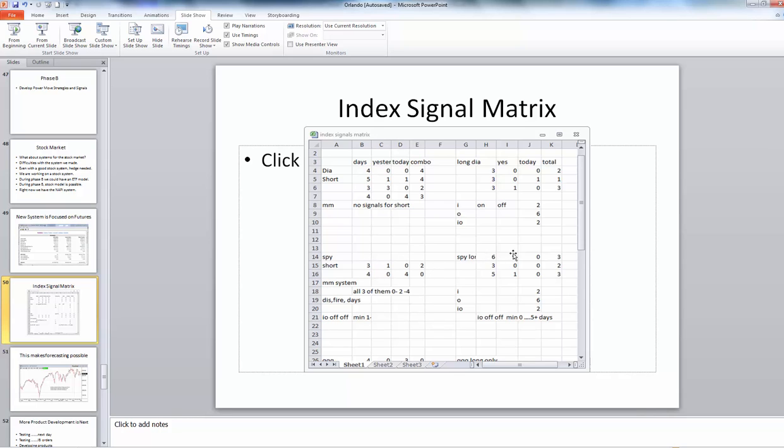And so on the long side, for example, if today was a 0 or more and yesterday was a 1 or more, and in total yesterday and today was a 3 or more, then we have 6 days of up. Okay, is this down? No, I'm sorry, that's up, up, up, up, up, up. So these are some of the things that are programmed into the software.